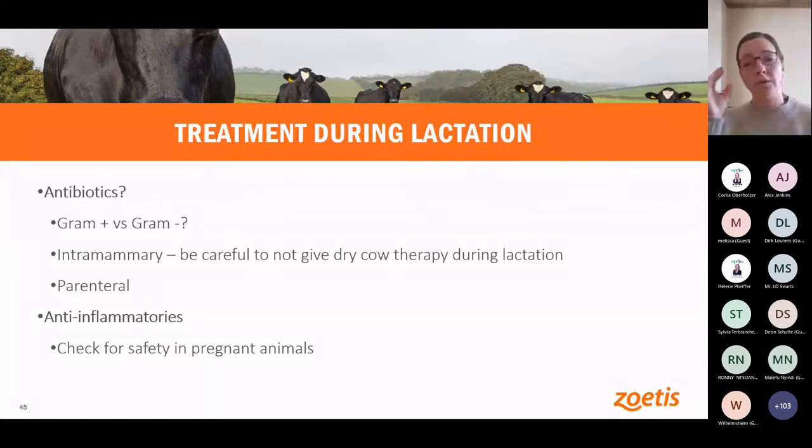And when we do look at antibiotics, we are looking at gram-positive versus gram-negative, in other words, broad spectrum versus narrow spectrum. We are looking at whether we would want to give an intramammary antibiotic, or are we only going to give a parenteral antibiotic? Parenteral, for those who are not familiar with the word, is systemic, so in most cases here injectable.